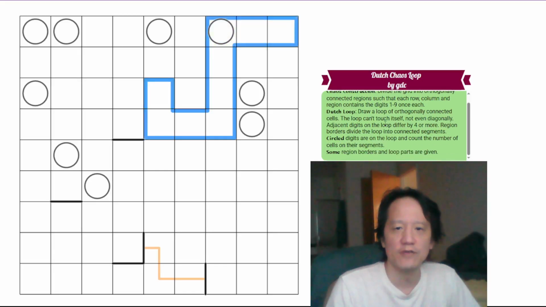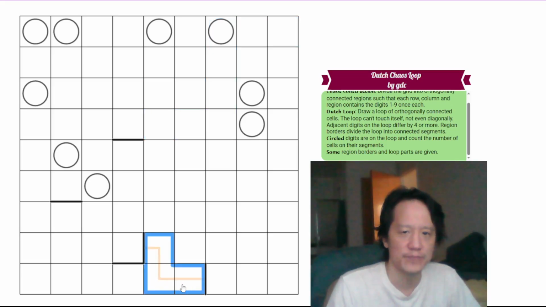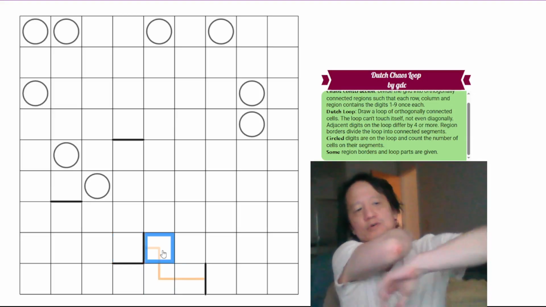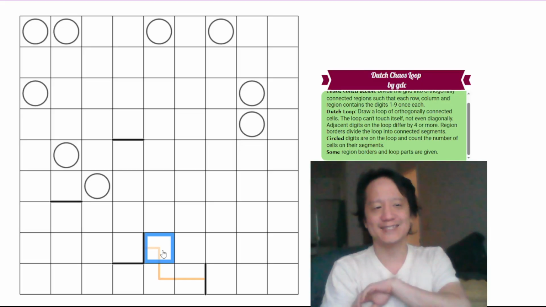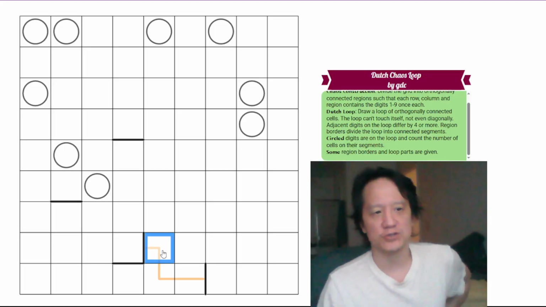We also have a Dutch loop, where we need to draw a loop of orthogonally connected cells. And the loop can't touch itself, not even diagonally. So orthogonally connected cells on a loop mean that every cell on the loop can only share an edge with exactly 2 other cells on the loop.